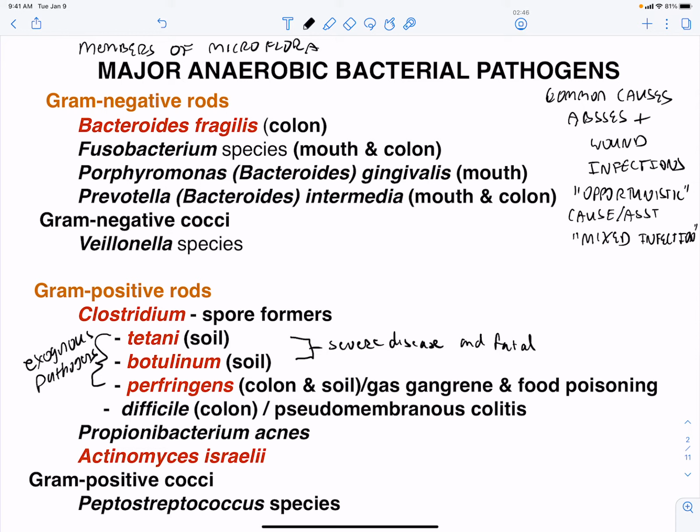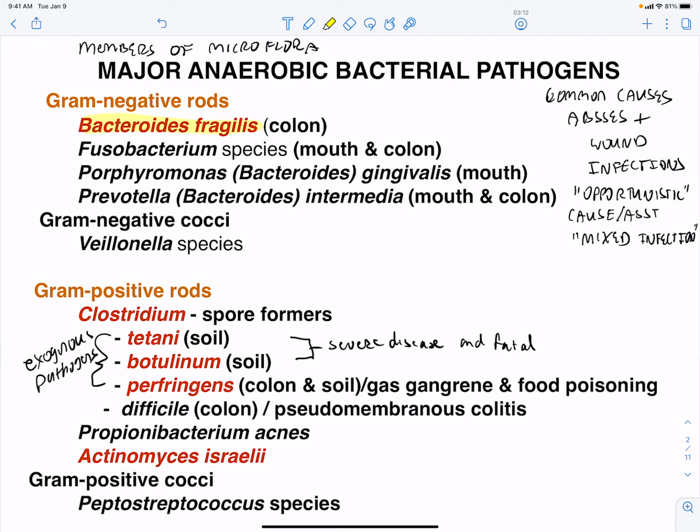We're going to talk again about exotoxins. As we know, exotoxins are going to be very powerful poisons that can be quite deadly, depending on their target, of course. So this is just a list of our common major anaerobes. We have our Bacteroides fragilis, which is going to be in the colon. We have Fusobacterium species.